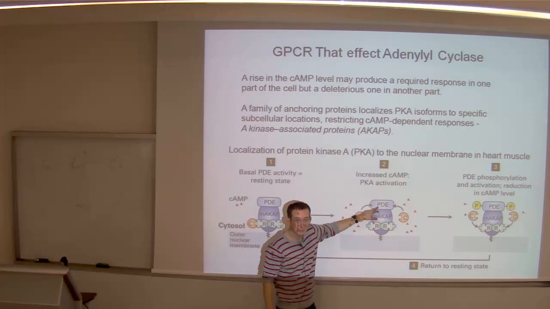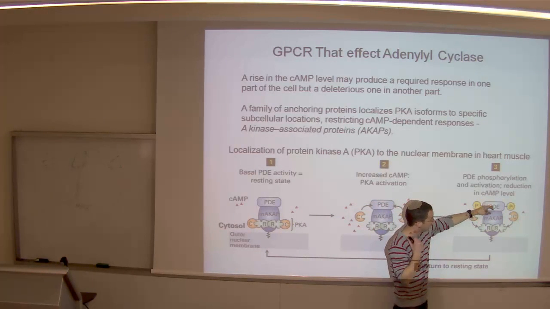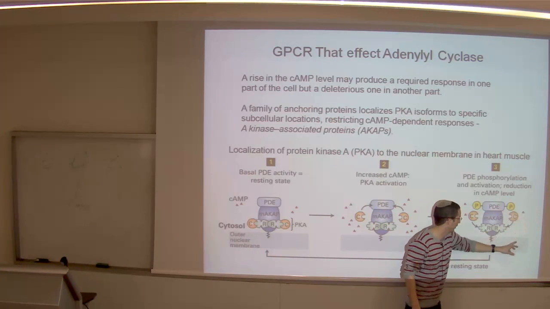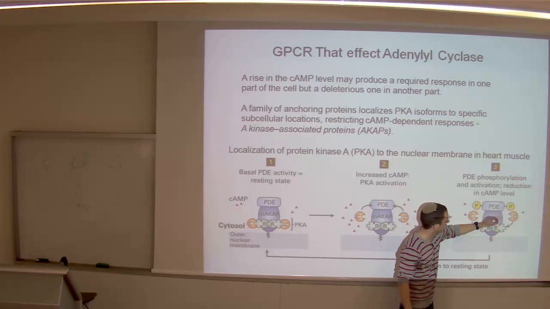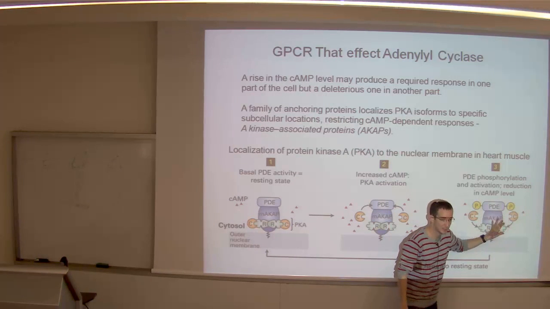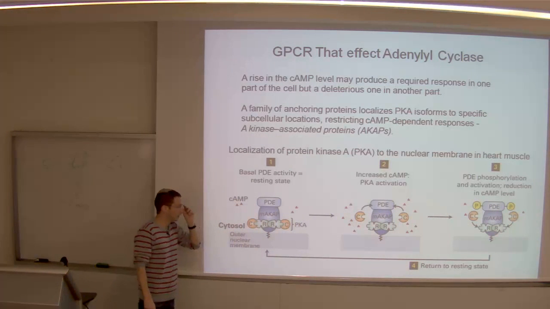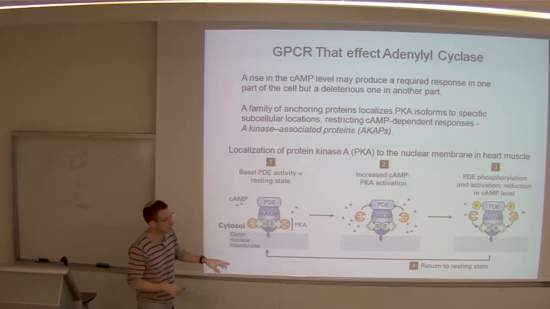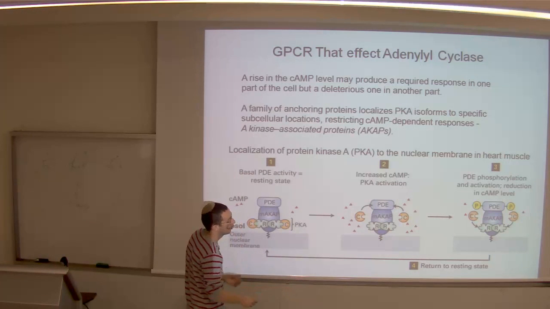Now, when PDE is phosphorylated, it is activated, but what PDE does is in contrast to what the initial catalyst did, because it reduces the level of cyclic AMP, which will cause dissociation of cyclic AMP from the regulatory units of PKA, and will cause the catalytic units to come back to their home base and the basal resting state to be restored. Okay, so we started with increased levels of cyclic AMP, and we ended, intrinsically in the same pathway, with a negative feedback that brings us back to low levels of cyclic AMP.